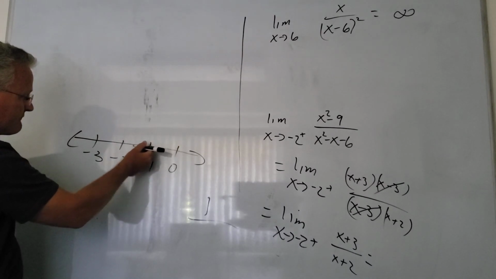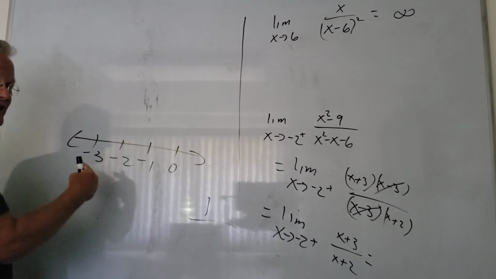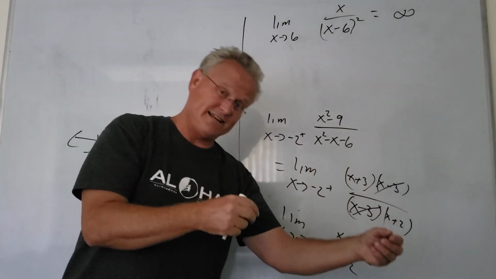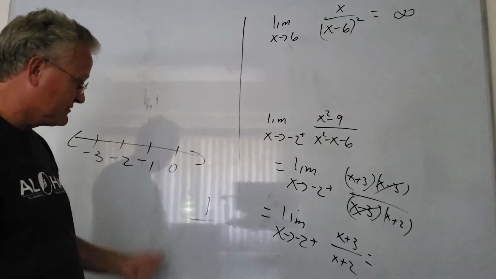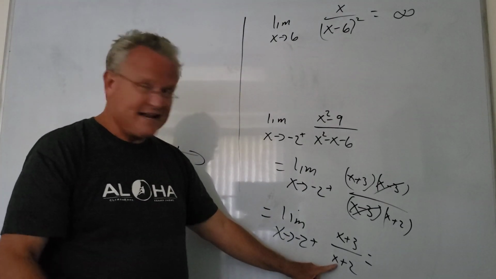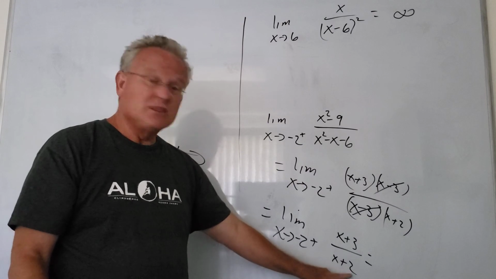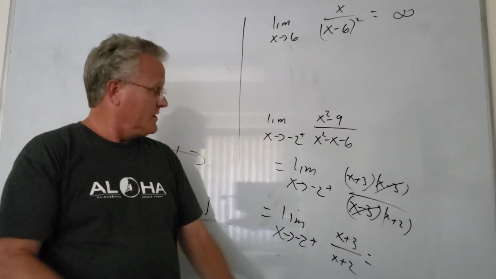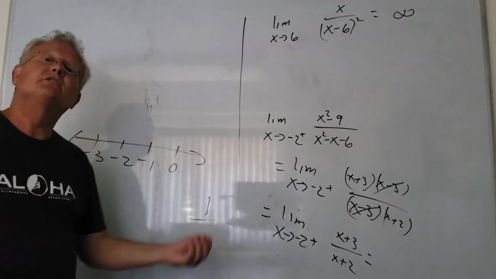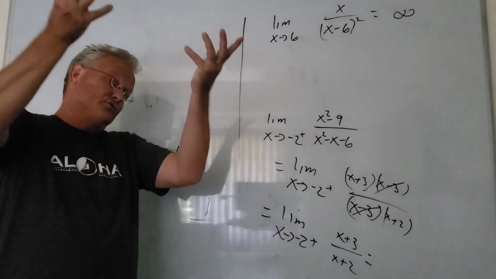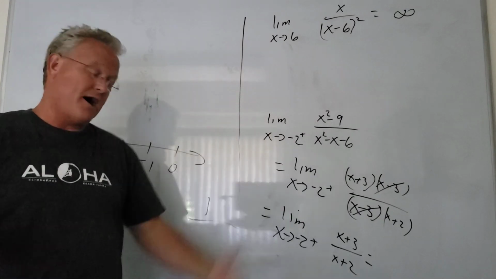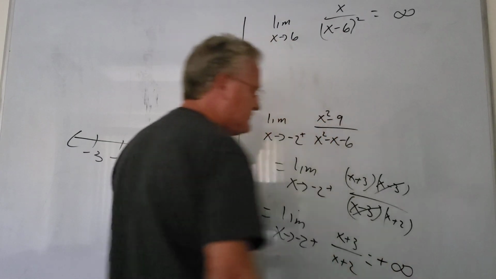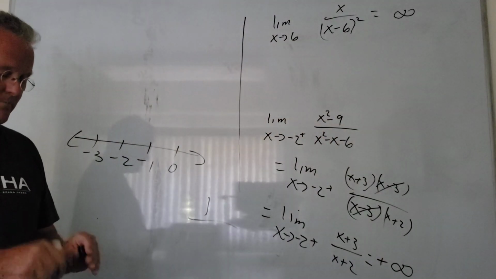Again, we're coming in from the right, so it's like -1.9, -1.999, -1.99999, getting closer and closer. -1.99999 plus 2 is going to be a small number, but it's going to be positive. So 1 over a really small positive number is a really big positive number, positive infinity. I'm going to put the plus sign, you really don't have to, but that result is going to positive infinity.